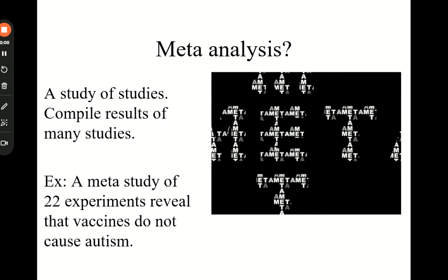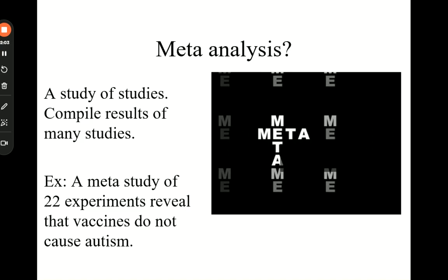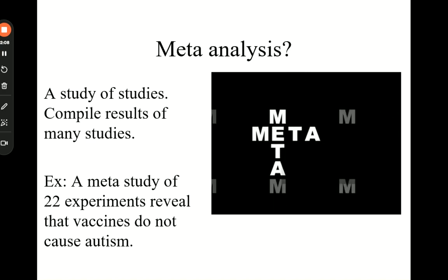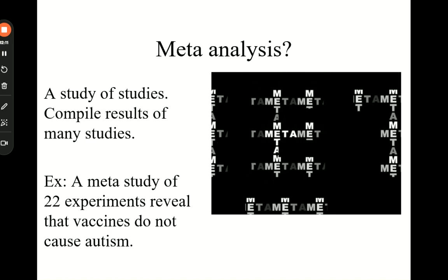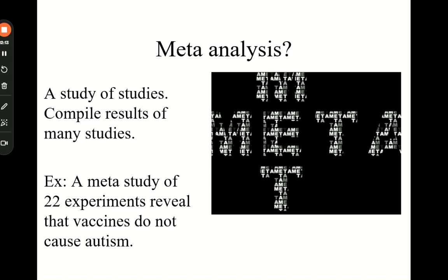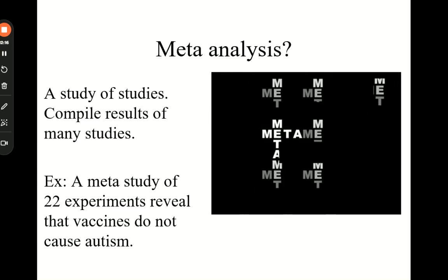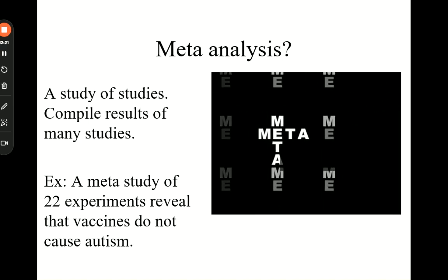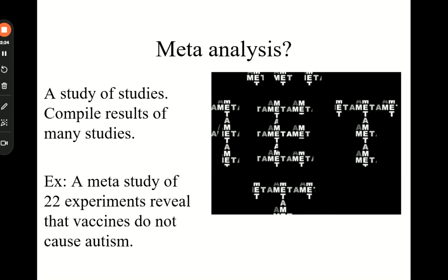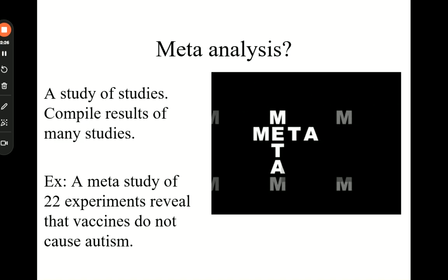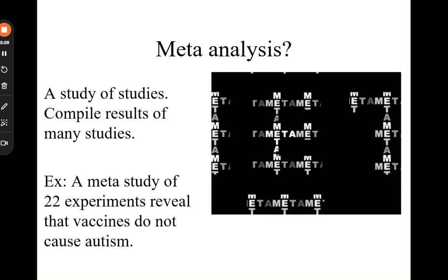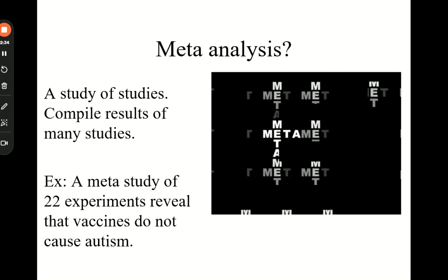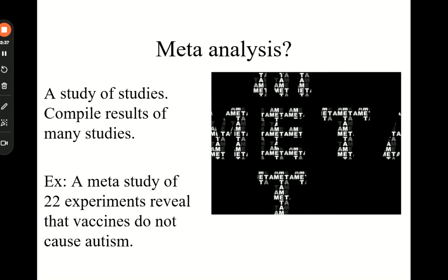But what if I took 22 experiments and they all said that vaccines do not cause autism? And then I combined all of the results into one meta study. Now that's powerful. If you can find 22 different studies that come up with the same conclusion and you combine them into one meta-analysis, then yeah, that's pretty convincing. That's how science works.